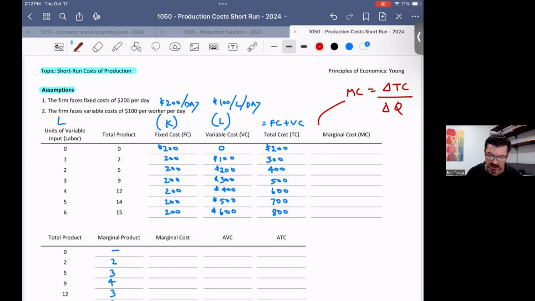Now, we're going to crunch those numbers, but before we do, you might be asking yourself, why is marginal cost so important? That's a really important idea. Well, remember, one of the first decisions we have to make as a business is: how many pizzas should we sell? How do we maximize our profits?